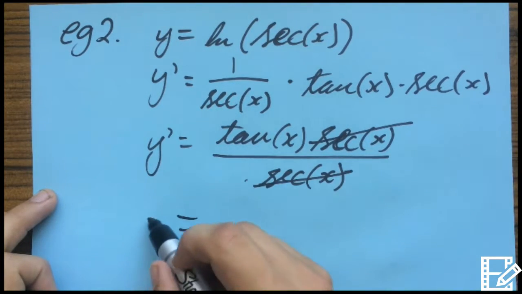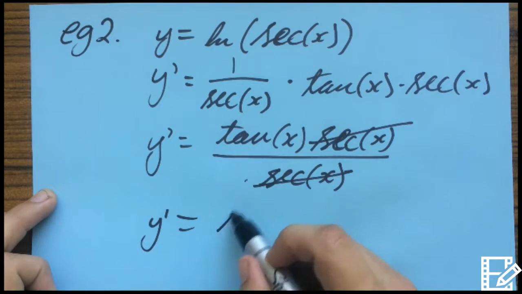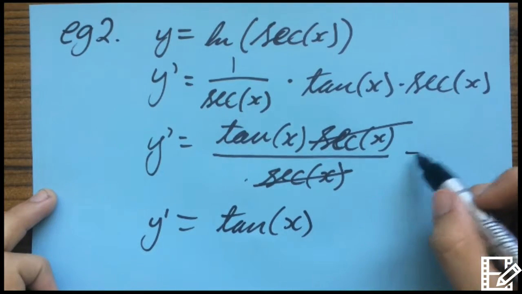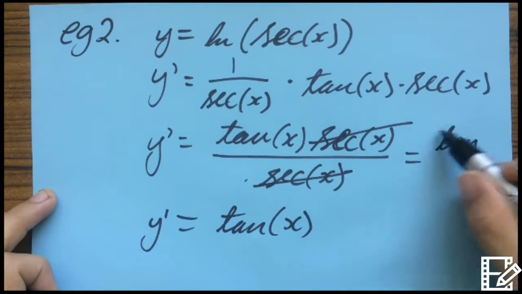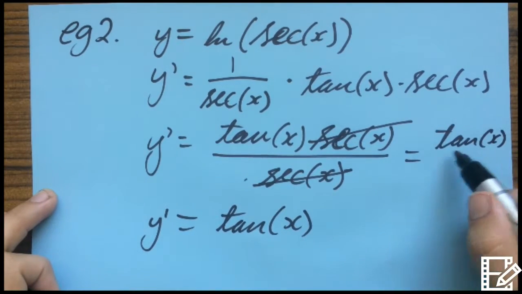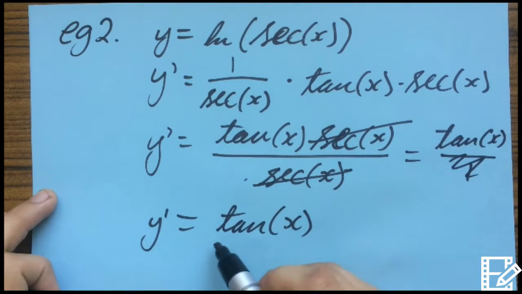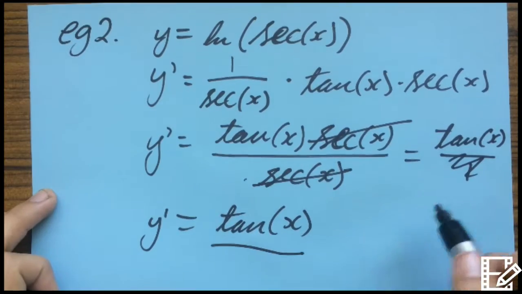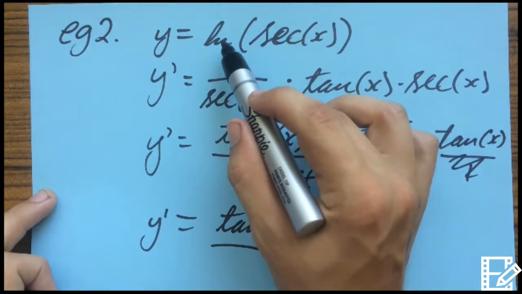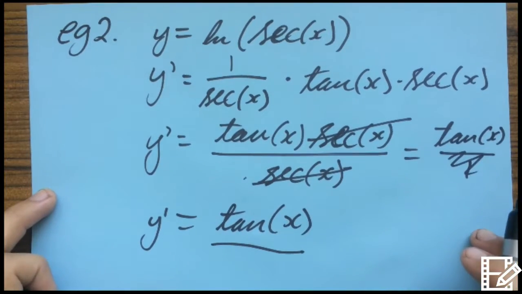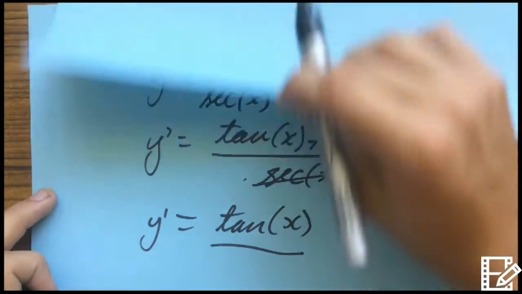So you're left with tan x. Technically it's tan x over 1, but no one bothers with that. They just write this. So the derivative of ln sec x is just tan x. Another example.